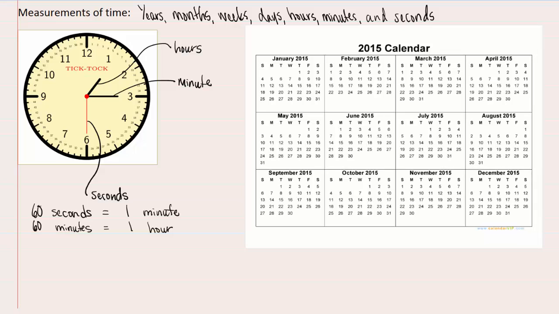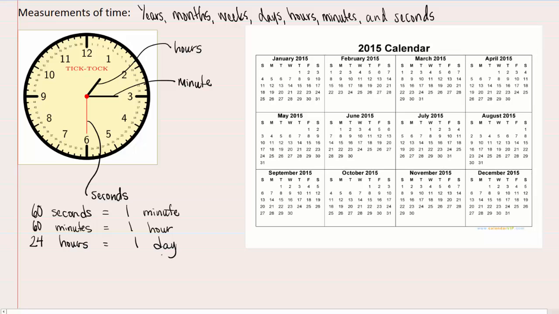So 12 times 2 actually gives us 24 hours in one day. We usually call the first 12 hours AM and the second 12 hours PM, but when we add them together, we get the 24 hours that make up the entire day.